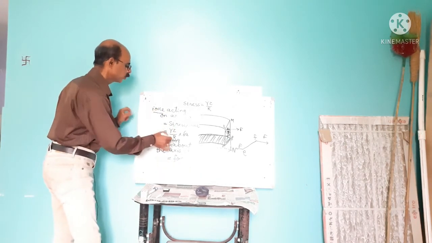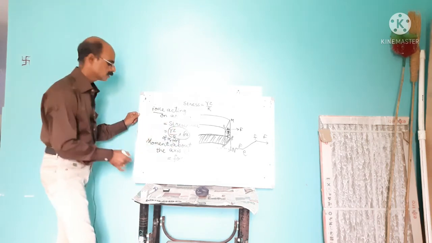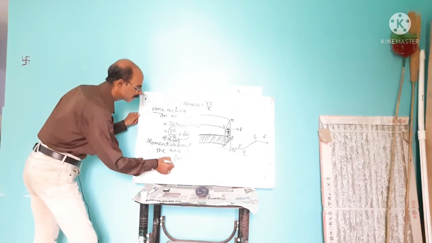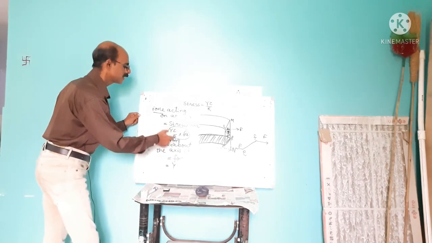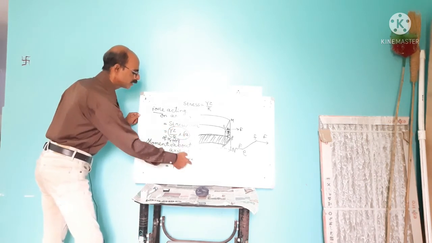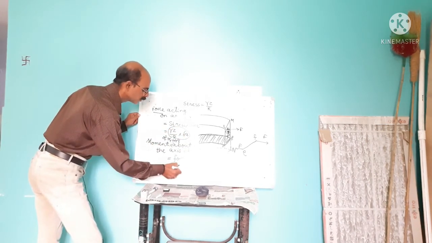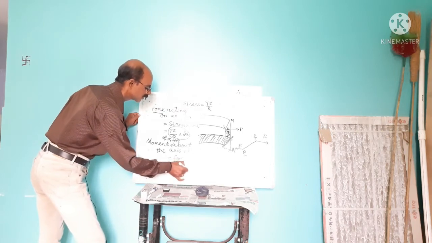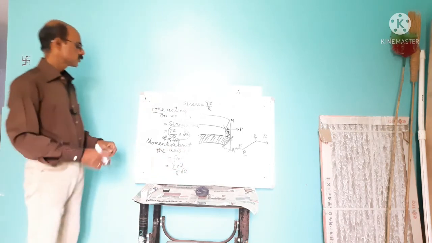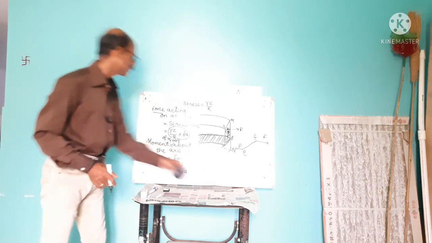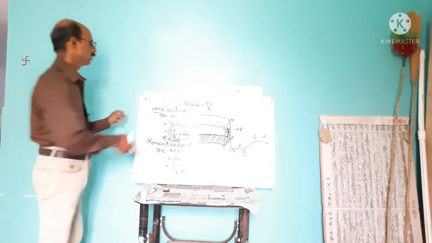In place of force, use this. What we will obtain is Yz by R into delta A into z, which is equal to Yz square by R into delta A. So this is the moment about the axis EF.